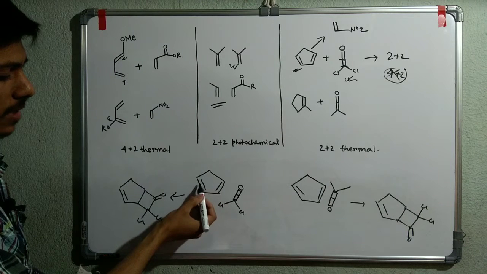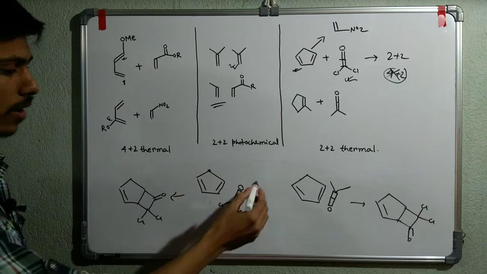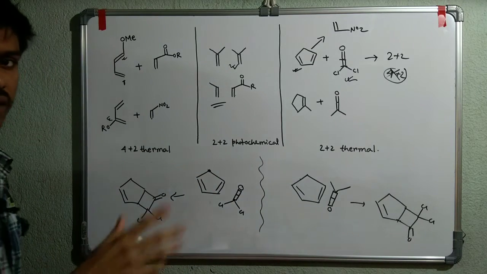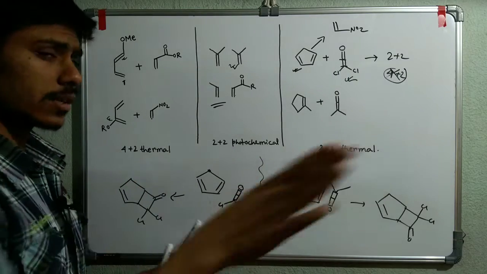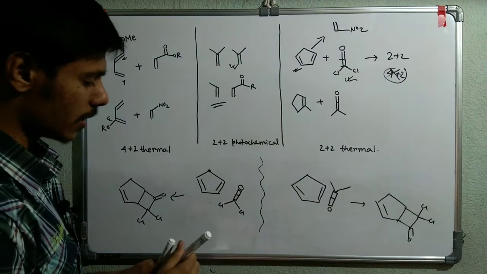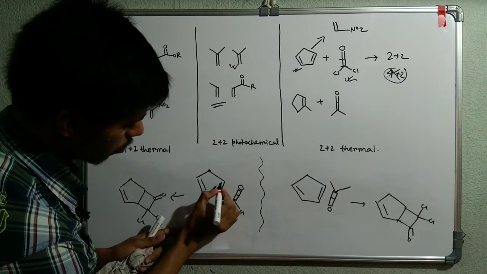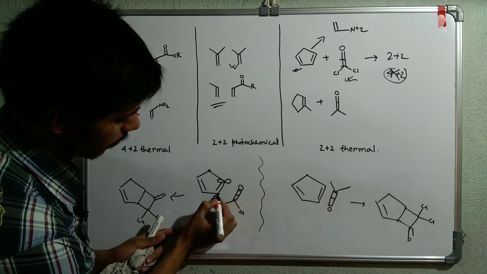One side has this double bond, in the other side is saturated carbon, so that's why you can have these two cases. Now what will be the favored case? So again, because it is thermal reaction, you can consider it as an ionic reaction, and if you consider it as an ionic reaction, in this case what happens? So the HOMO will have higher coefficient on this carbon atom and not on this.